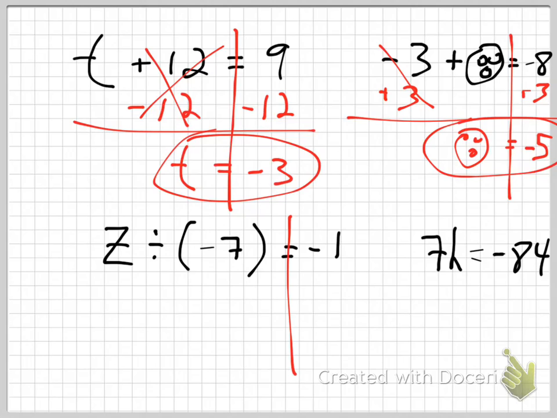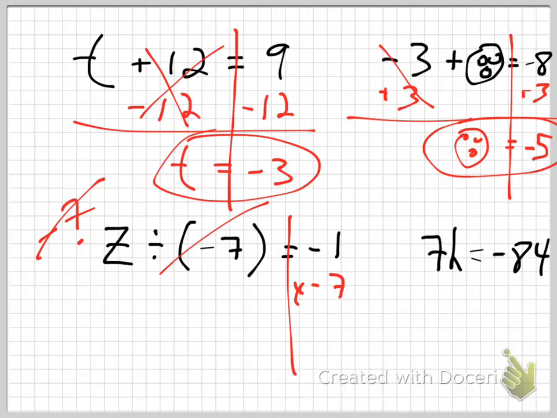This one down here, z divided by negative 7 equals negative 1. The variable is not happy because it's being divided by negative 7. What's the opposite of divide by negative 7? Multiply by negative 7. They're gone. What is negative 1 times a negative 7?